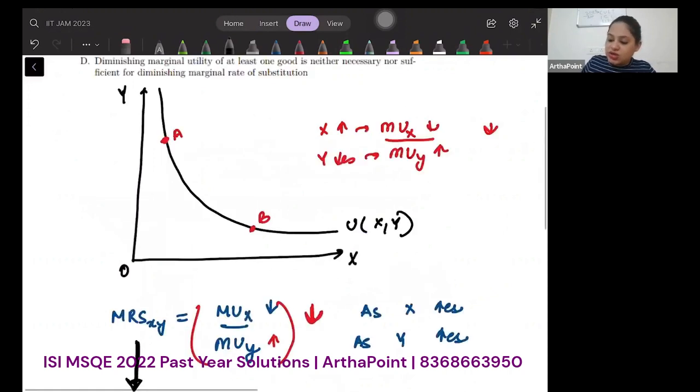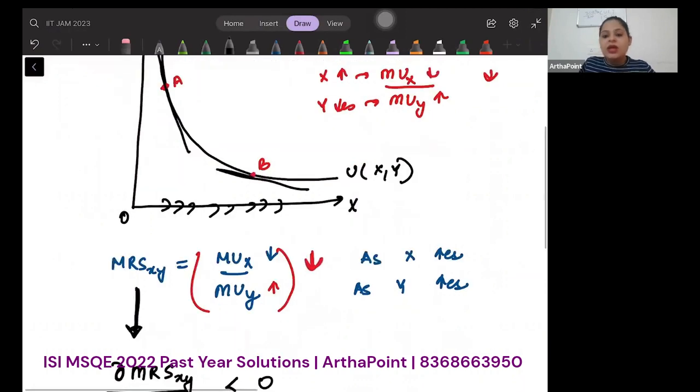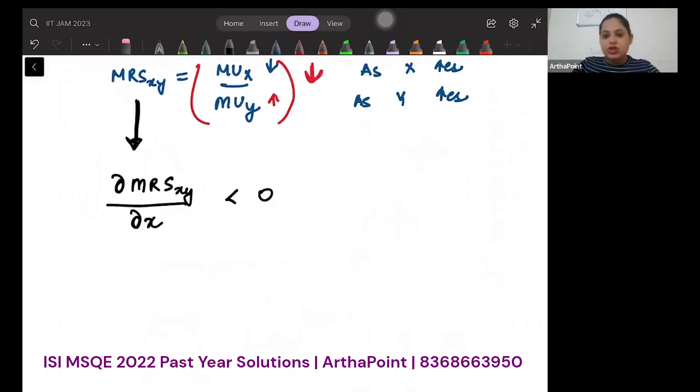As X increases, my MRS, my slope, should diminish. I should be going from steeper to flatter. This condition should be satisfied in order to show that it is diminishing.